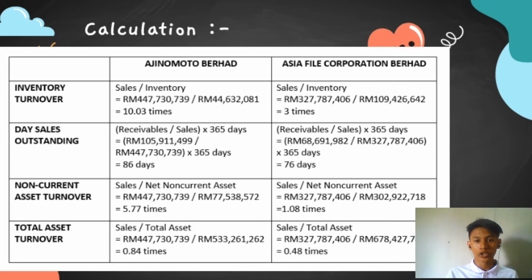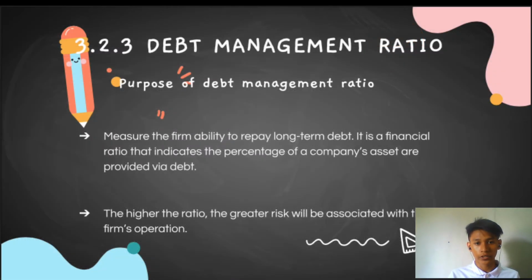The third ratio is debt management ratio. The purpose of debt management ratio is to measure the firm's ability to repay long-term debt. It is a financial ratio that indicates the percentage of a company's assets provided via debt. The higher the ratio, the greater the risk associated with the firm's operations.